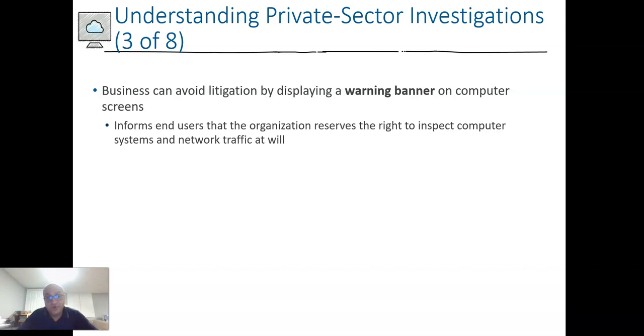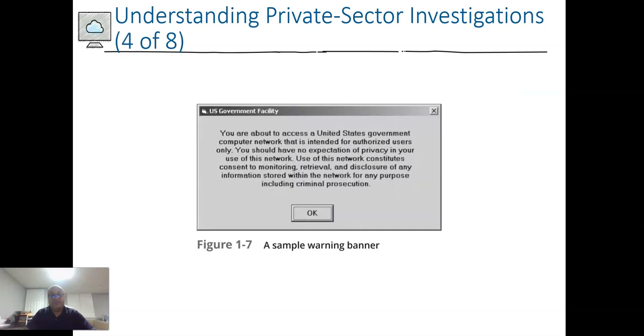The banner informs end users that the organization reserves the right to inspect the computer system and network traffic at all times. So, for example, anyone opens anything, we can see it. We're monitoring everything on computers. So this is a kind of protective banner. Something like: you are about to access a United States government computer network that is intended for authorized users only.